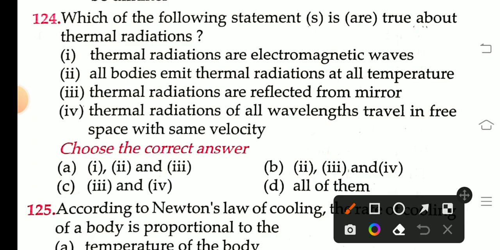Second, all bodies emit thermal radiations at all temperatures. Third, thermal radiations are reflected from a mirror. Fourth, thermal radiations of all wavelengths travel in free space with the same velocity. Right answer will be option D, all of them.